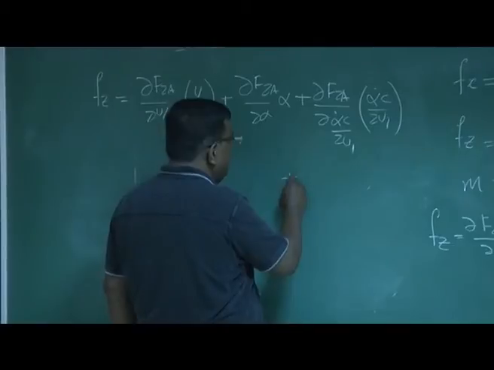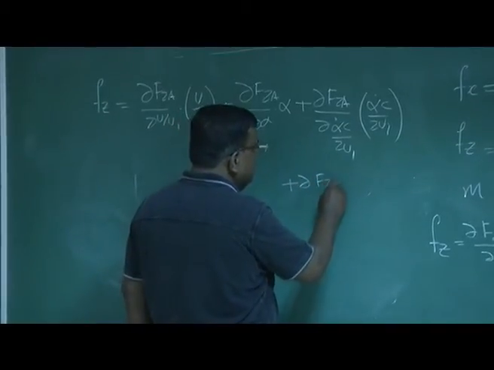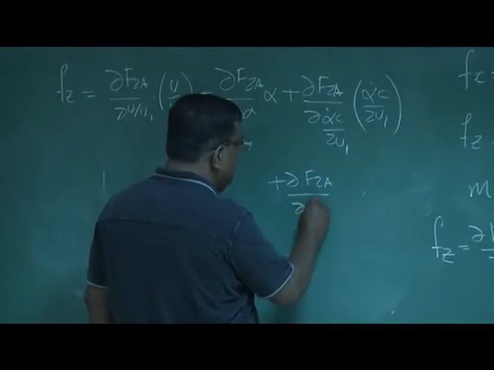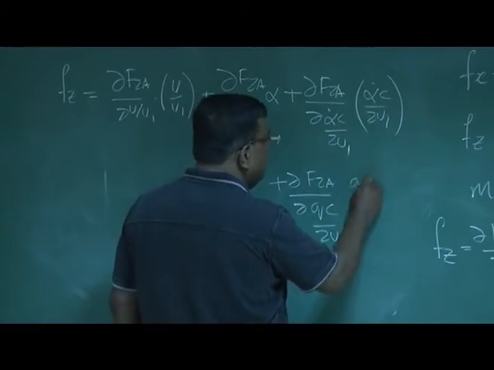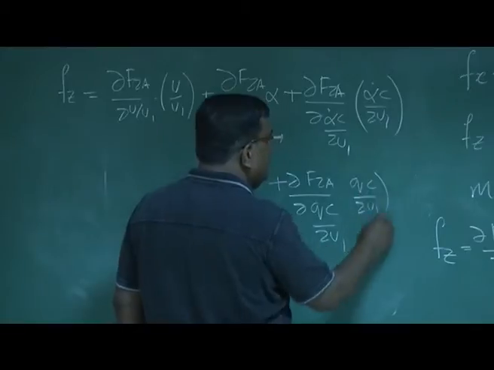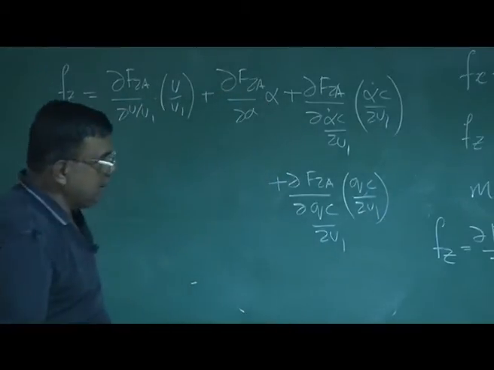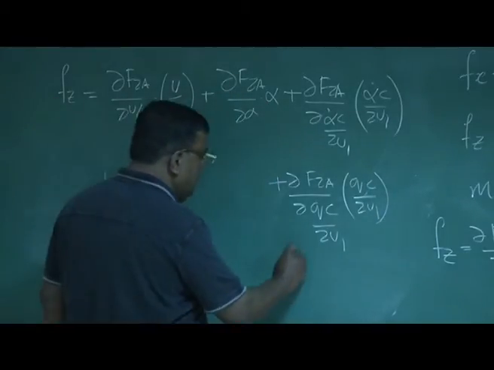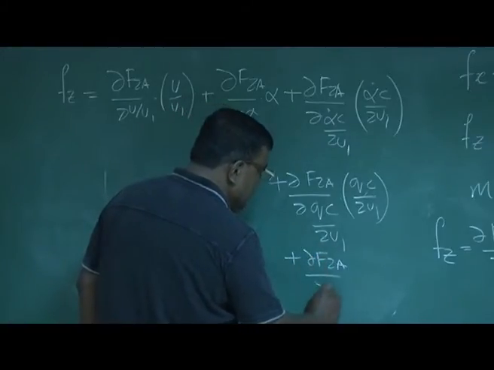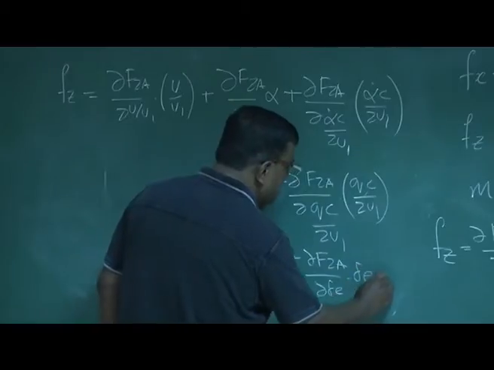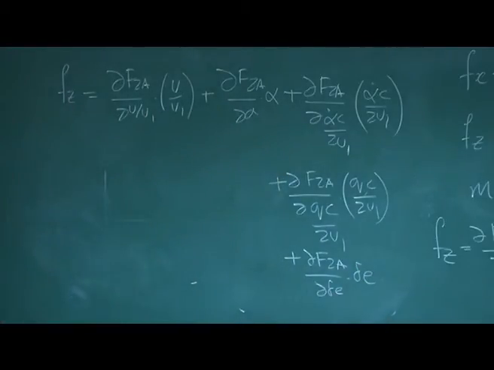And similarly, I write dFza by d(qc by 2u1) into qc by 2u1, to again take care of the dimensional aspect, and then we have dFza by d delta E into delta E. Again, if we come back to this expression, what is the meaning of dFza by du1?